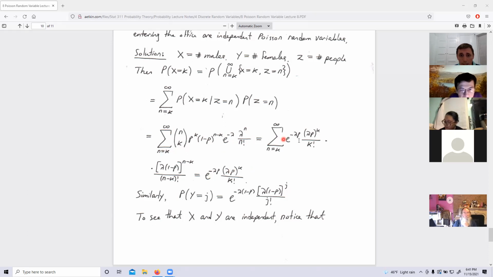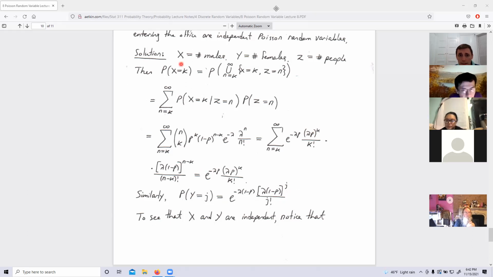So what happens is that I can factor out e to the minus lambda p, lambda p to the k over k factorial. I can factor it out, and the remaining thing is just the summation of lambda 1 minus p to the n minus k over n minus k factorial times e to the minus lambda times 1 minus p. This thing, right? So the summation just disappears. Does it make sense?